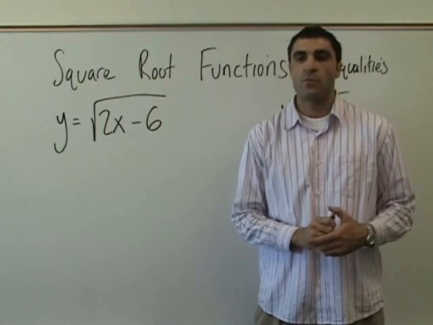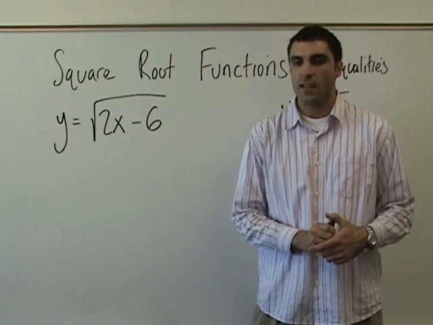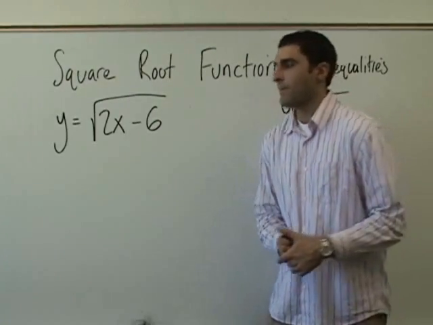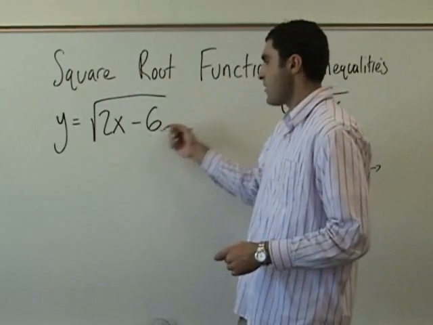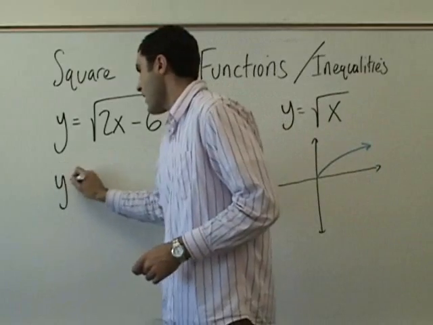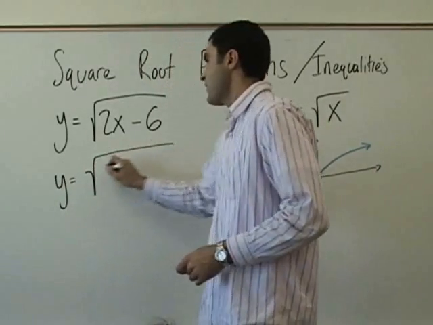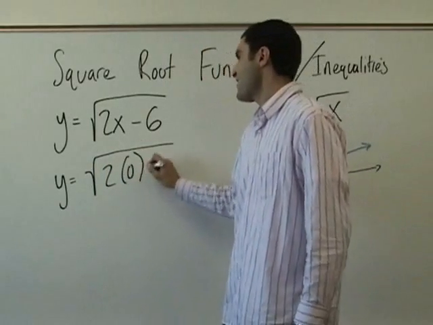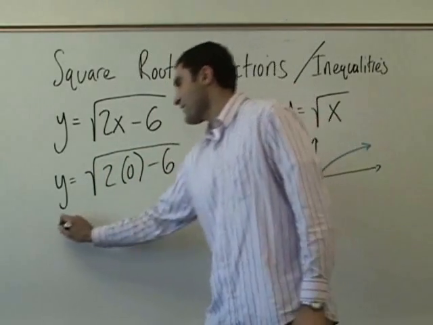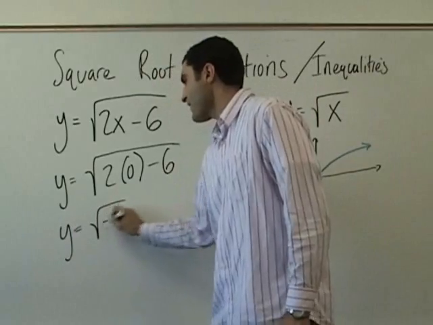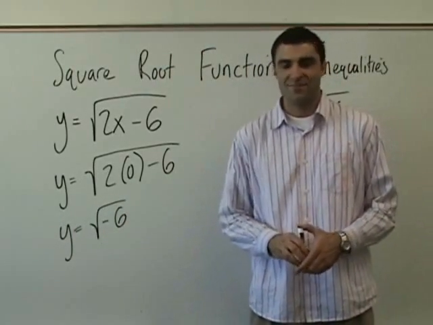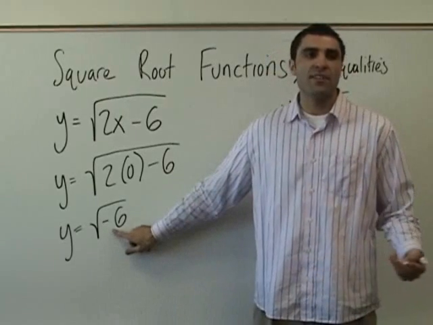Okay, 2 more: y equals the square root of 2x minus 6. How do we start? What do you want to set to 0? You want to set x to 0 to get the y-intercept. So when x is 0, y equals the square root of negative 6. Is this a real number?